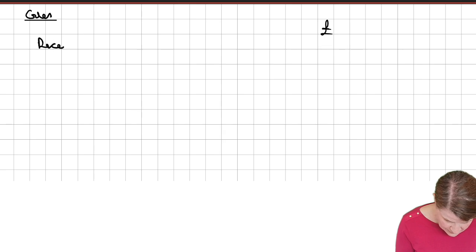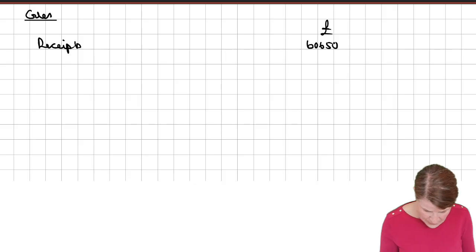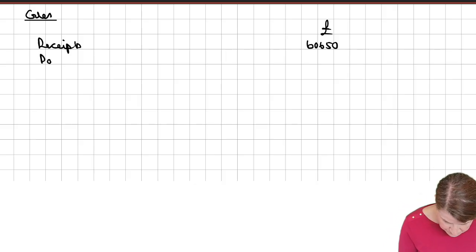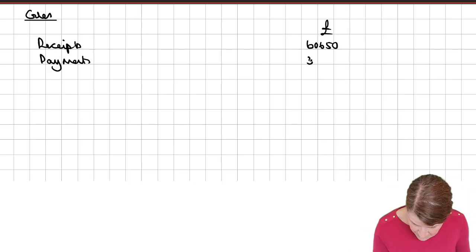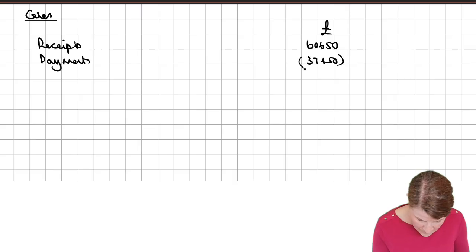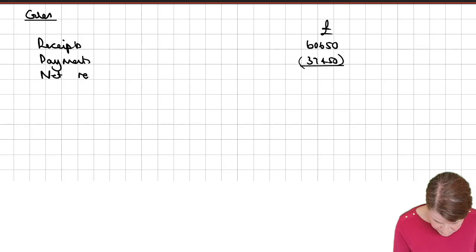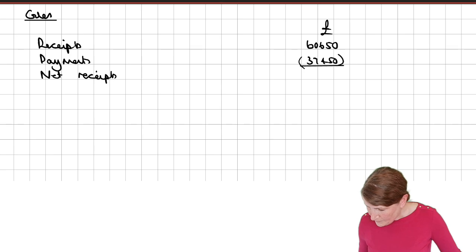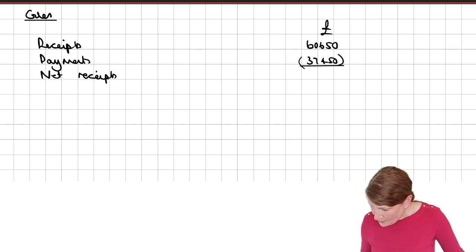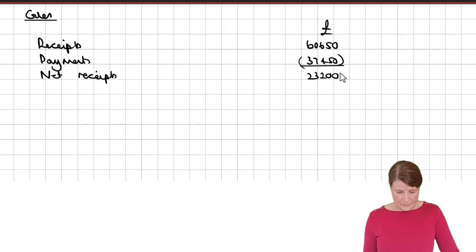So I've got receipts of 60,650, and I've got my payments, and my payments are 37,450, and that gives us our net receipts, and that's 23,200. So that's the equivalent of our net profit per accounts effectively.